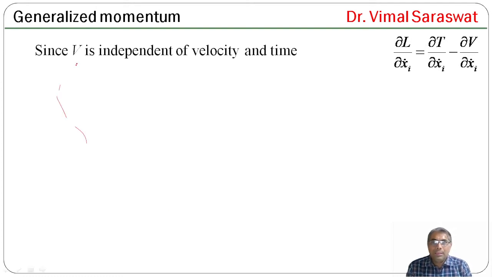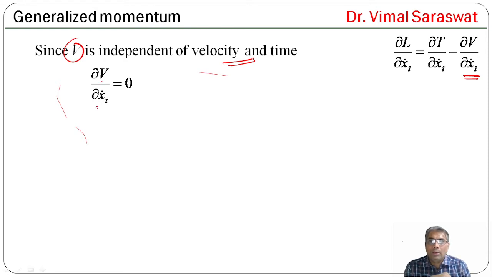Since V is independent of velocity and time, V depends only on position because V is the potential energy, it means del V upon del xi dot will be 0.